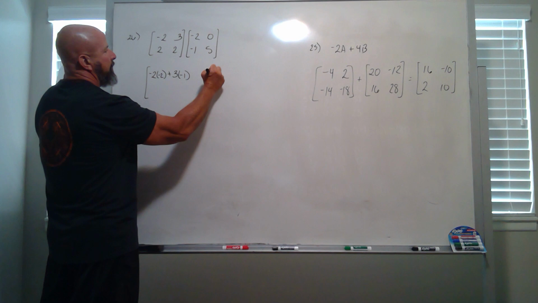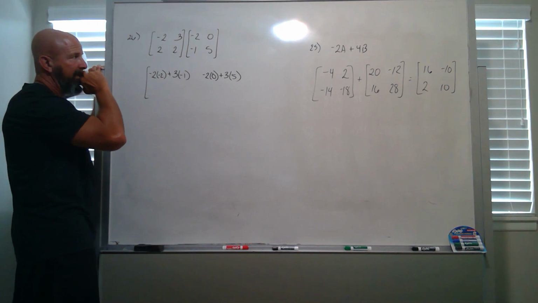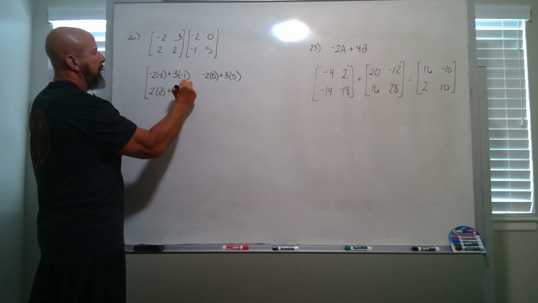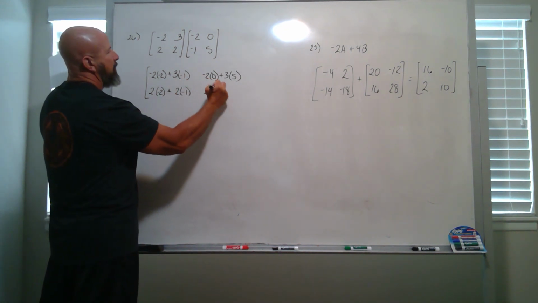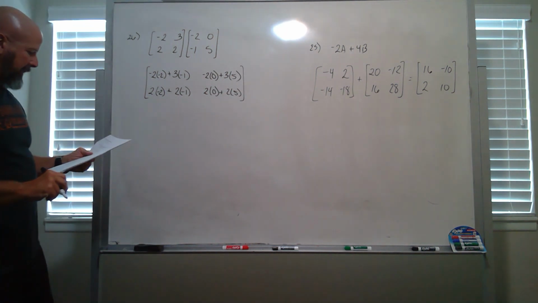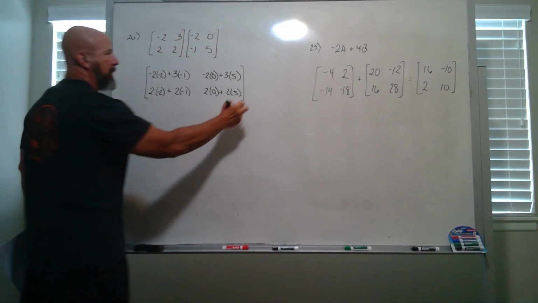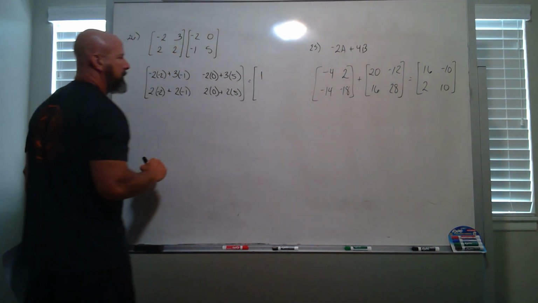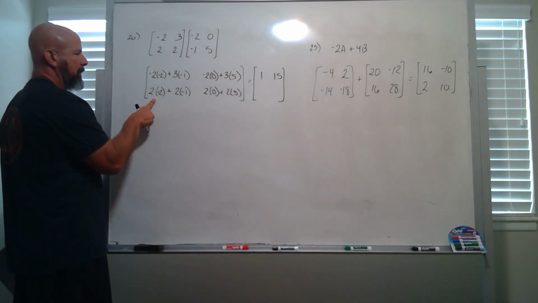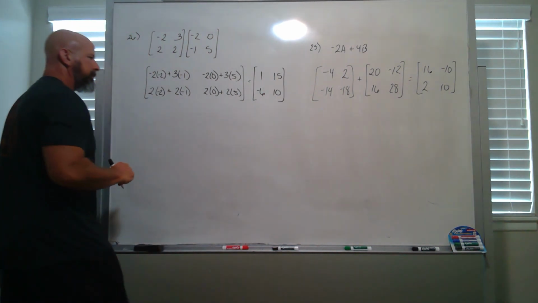Then negative 2 times 0 plus 3 times 5. First row, second column. Go to my second row, 2 times negative 2 plus 2 times negative 1. And then 2 times 0 plus 2 times 5. And that would give me, let's see, that's positive 4. Minus 3 is 1. 0 and 15 is 15. Negative 4, negative 2 is negative 6. And 10, that piece.